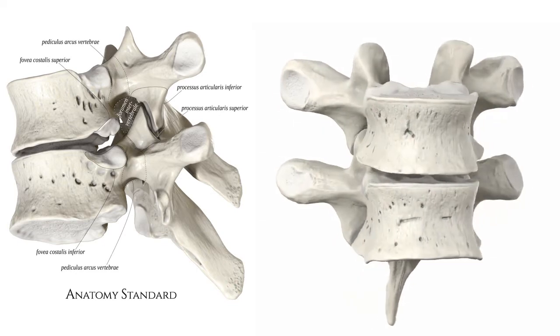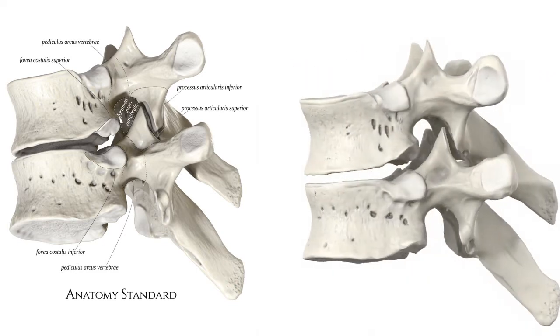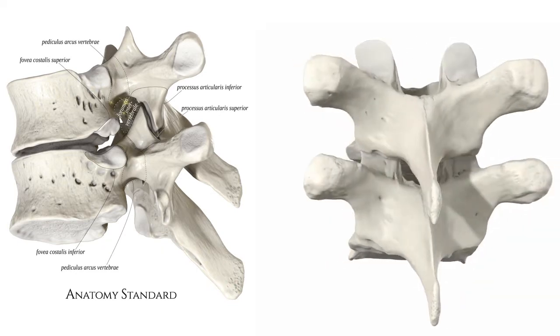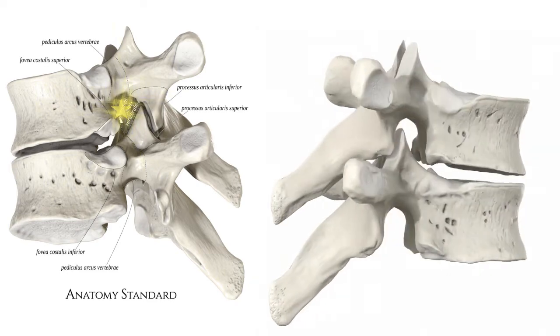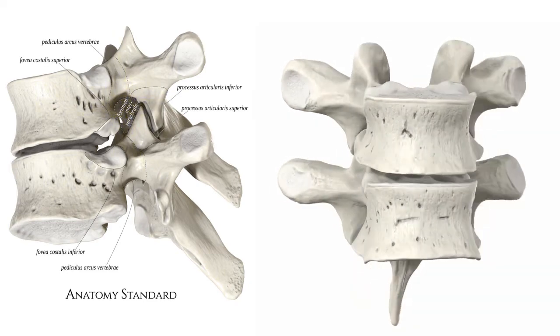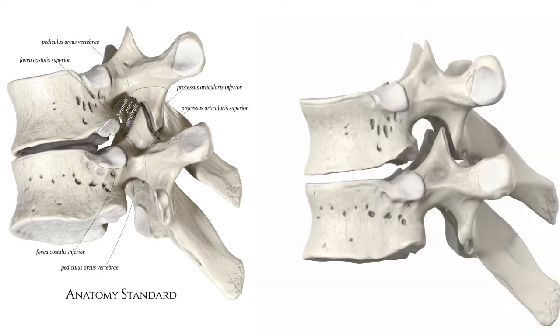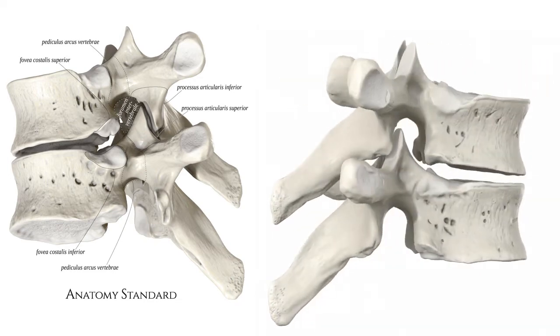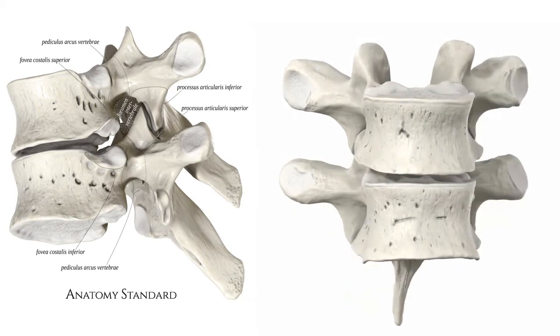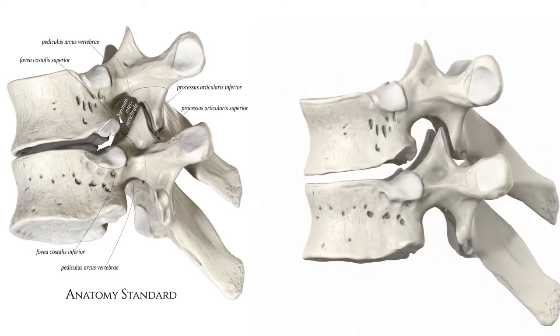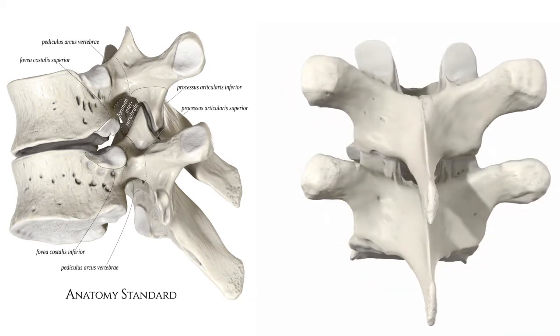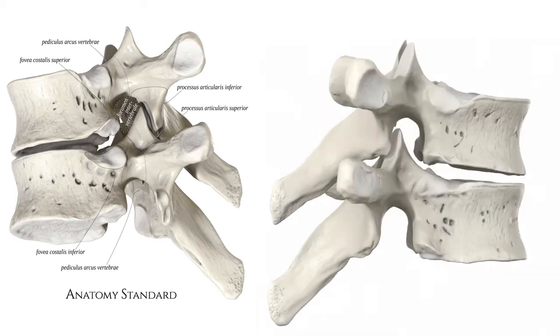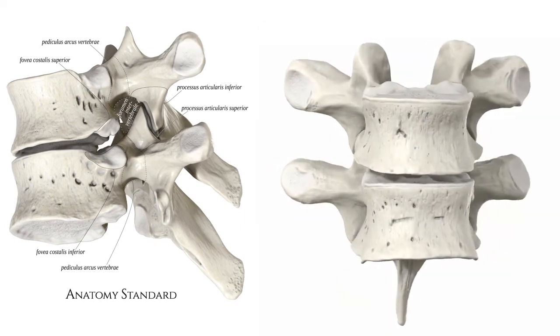Between the pediculus of two articulated vertebrae, we can find the foramen intervertebrale for the passage of the corresponding spinal nerve. As said before, this foramen can get narrowed by inflammation, so the nerve gets affected, so it can cause pain.